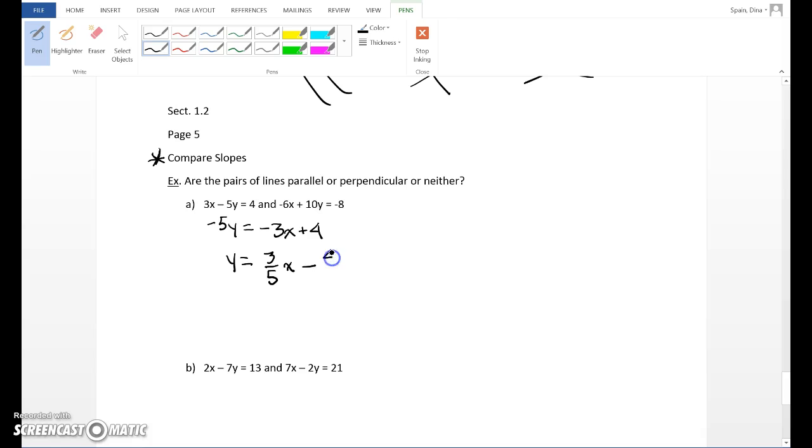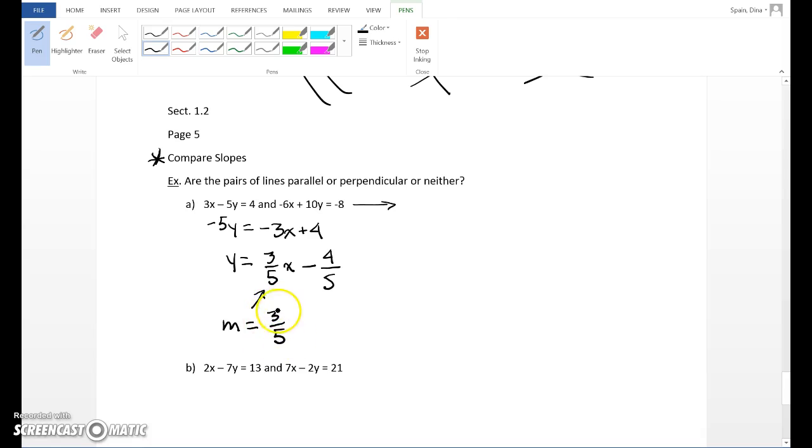And then I'll have a positive 4 divided by -5, which comes out to be -4/5. You can see that this slope, the coefficient of x on the other side, is positive 3/5.